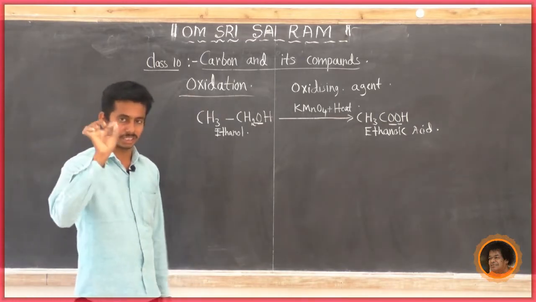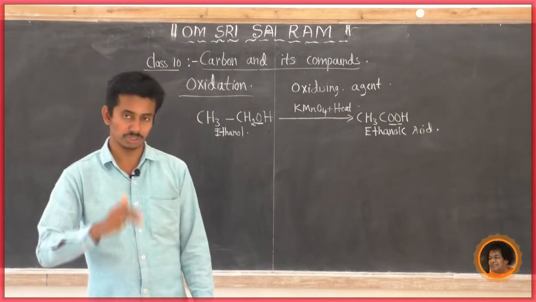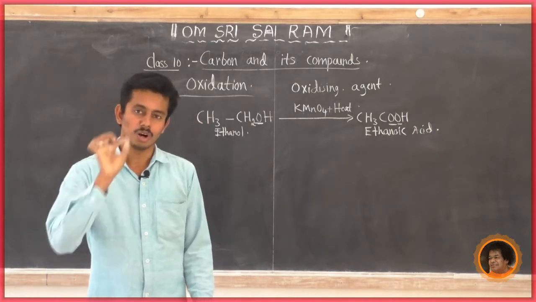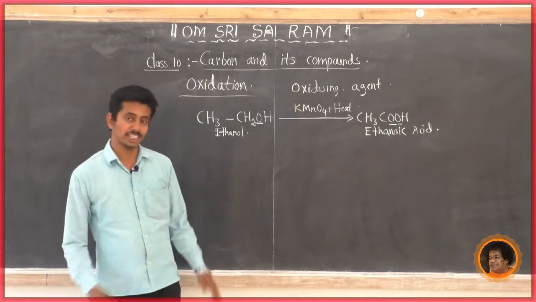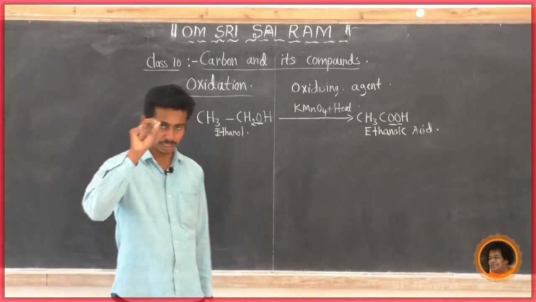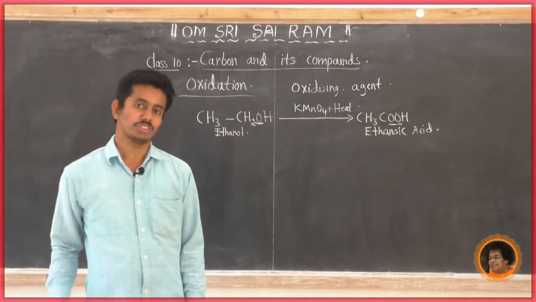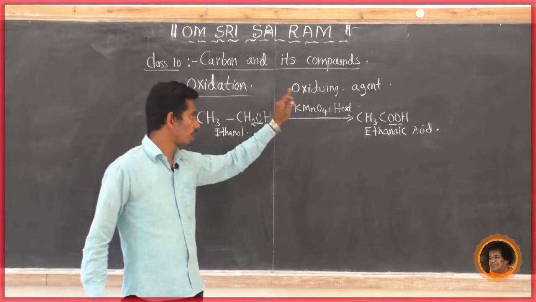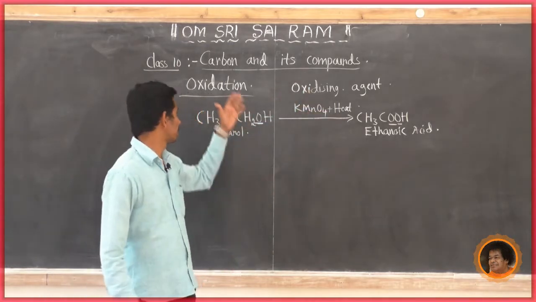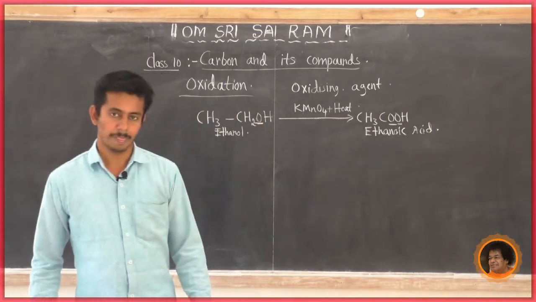Oxidation means in a chemical reaction, a substance which gains oxygen, that reaction is called oxidation. An oxidizing agent means the substance capable of adding oxygen to another substance. This is oxidation and oxidizing agent.